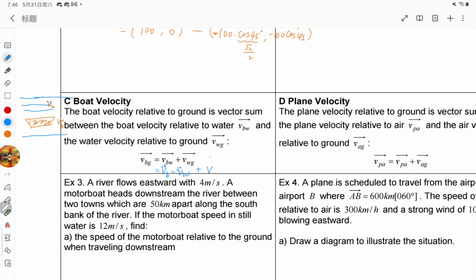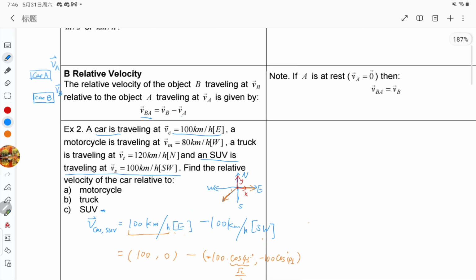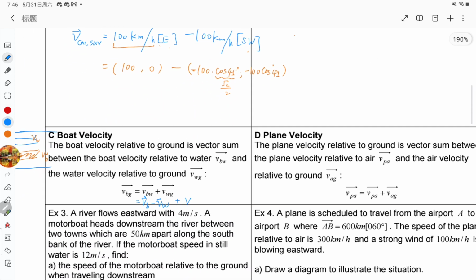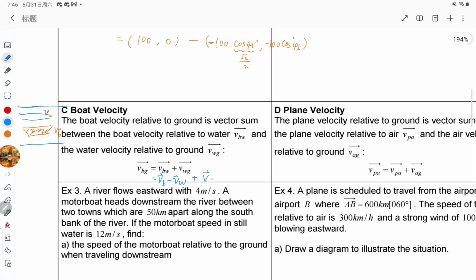Using our formula on the top, this just becomes vw minus v ground, right? After we decompose it, we can observe that this is vb minus vw, and then when we plus vwg, we plus a vw again, right? So minus 1 plus 1 is cancelled actually.